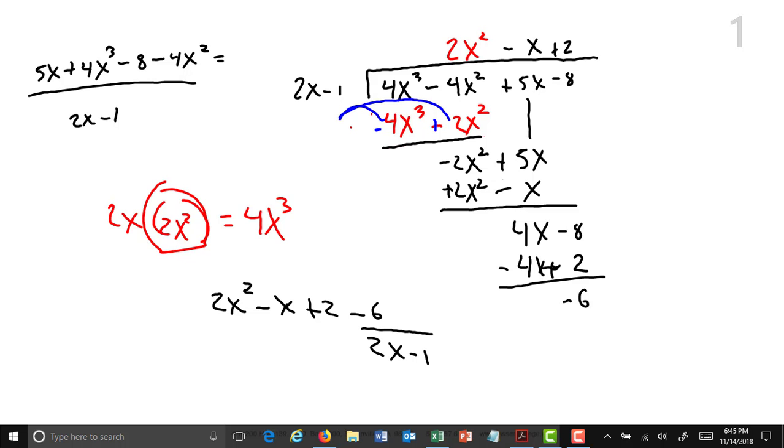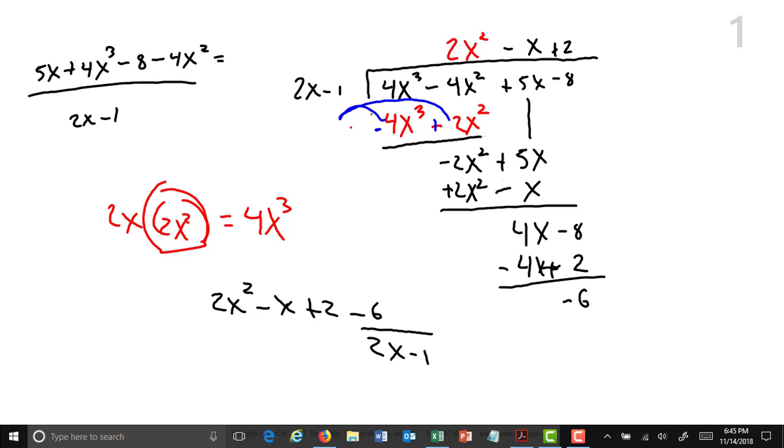Does anybody see where my remainder came from? It's this guy divided by this guy. I just added it, or subtracted it, whatever. Well, anyway, they came up with a remainder of -6, but I guess on the next page, you'll see it on page 382.